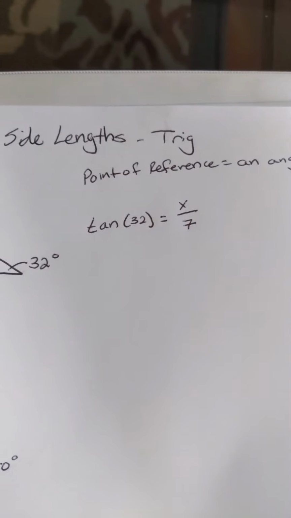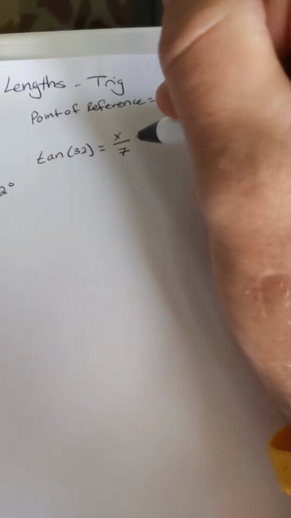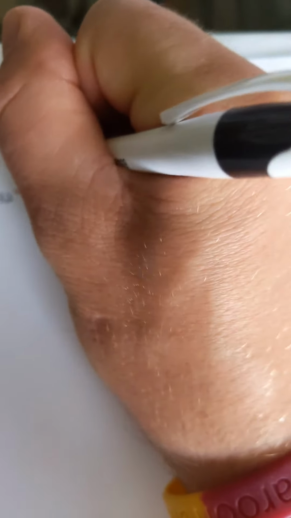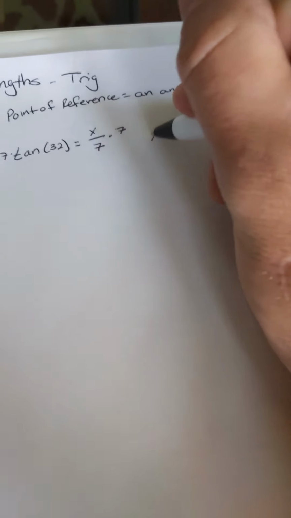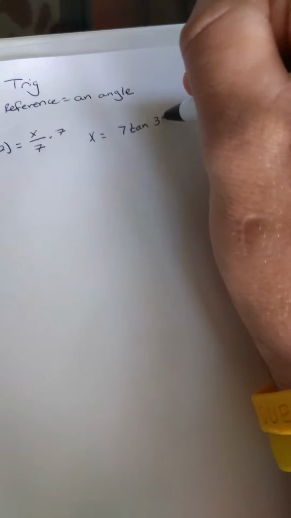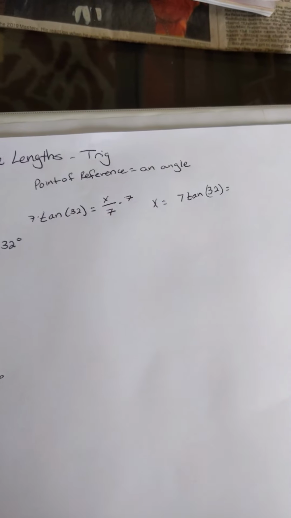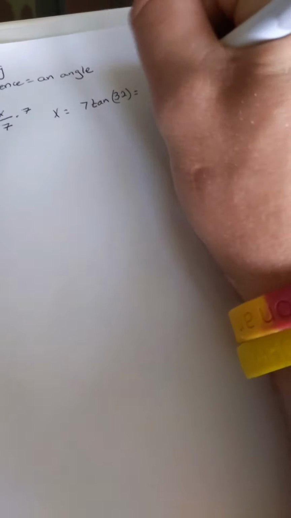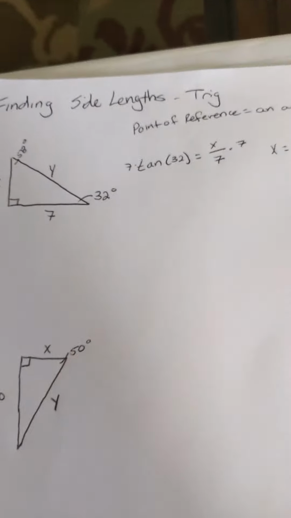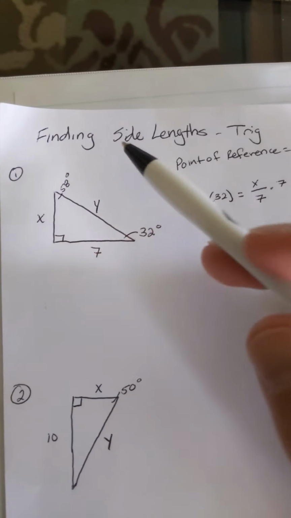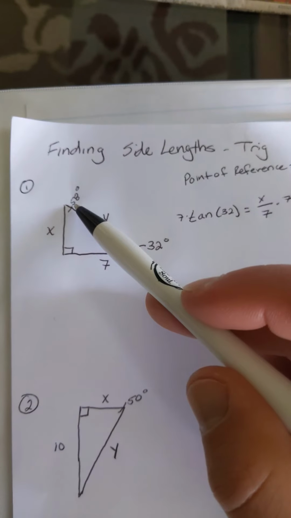Now I want to solve for x, so I need to multiply each side by 7 to remove that number, and I get x equals 7 tangent of 32, which is a calculator problem. 7 tangent of 32, 4.4. Okay, 4.4 units.